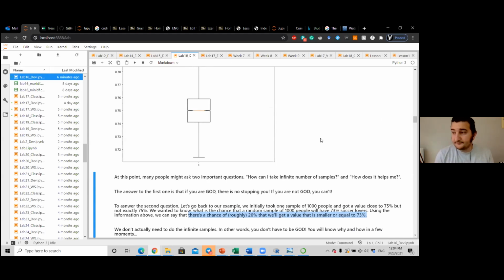Any volunteers? Does that have to do with the standard deviation? No, only look at this box plot for now and tell me if you see a connection between this statement and this plot.